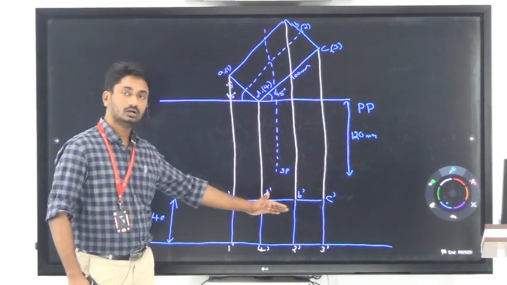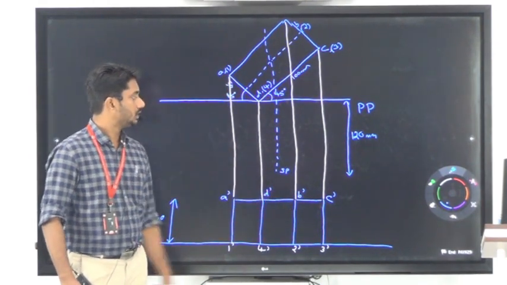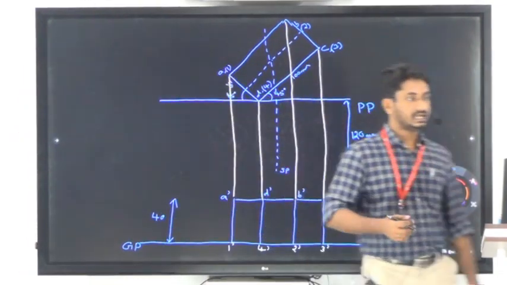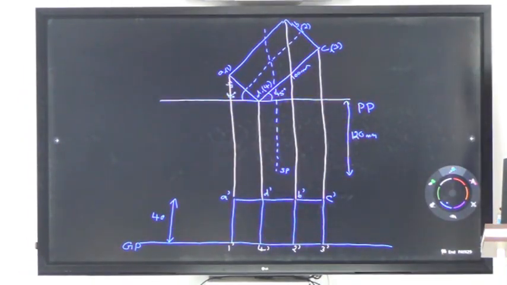So we have completed the front view of the object. Now you have to draw the front view of the station point. It is given that the station point is 120 mm in front of the picture plane and 80 mm above the ground plane.